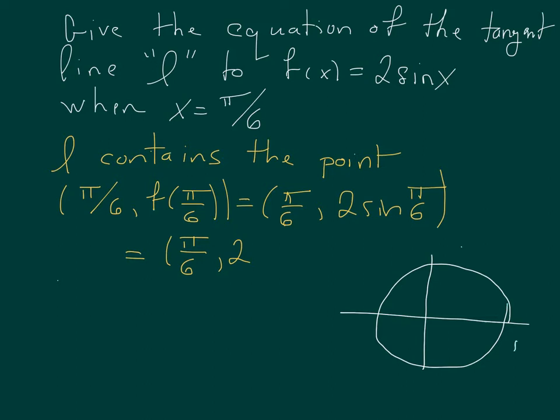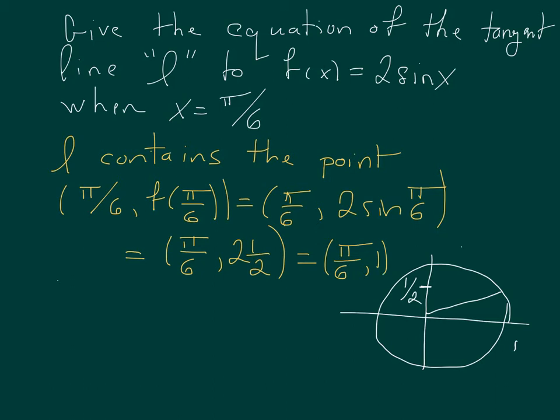The y-coordinate of that point on the unit circle at pi by 6 is 1/2, so sine of pi by 6 is 1/2. So this is 2 times 1/2, which is 1. So our point on our tangent line is pi by 6, comma 1.